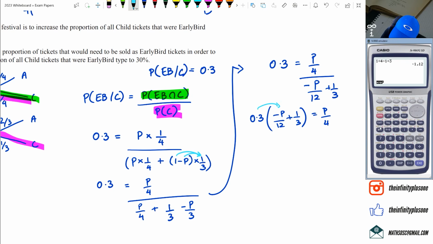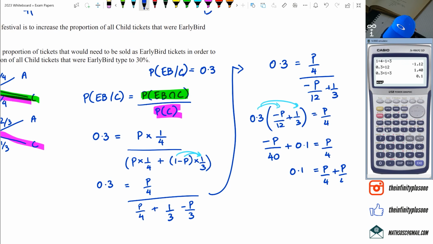Expand again. 0.3 times negative P over 12: 0.3 divided by 12 is the same thing as saying 1 over 40. So we get negative P over 40 plus 0.3 times 1 over 3, which is 0.1, equals P over 4. So 0.1 equals P over 4 plus P over 40. I know it's a lot of work, but we'll get there. 1 over 4 plus 1 over 40 is 0.275, or 11 over 40.